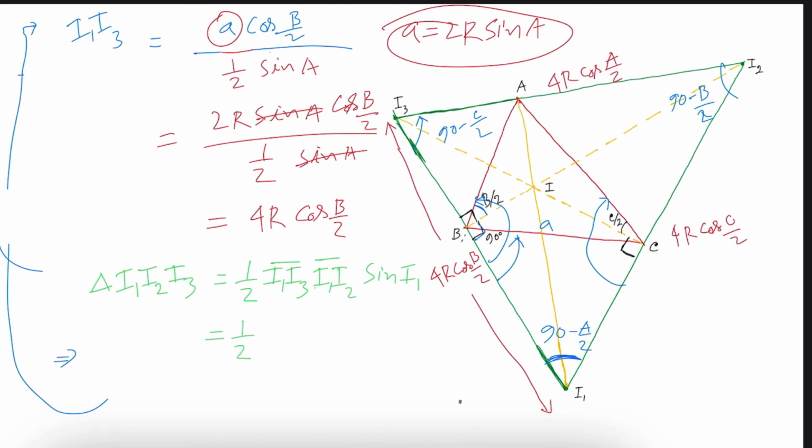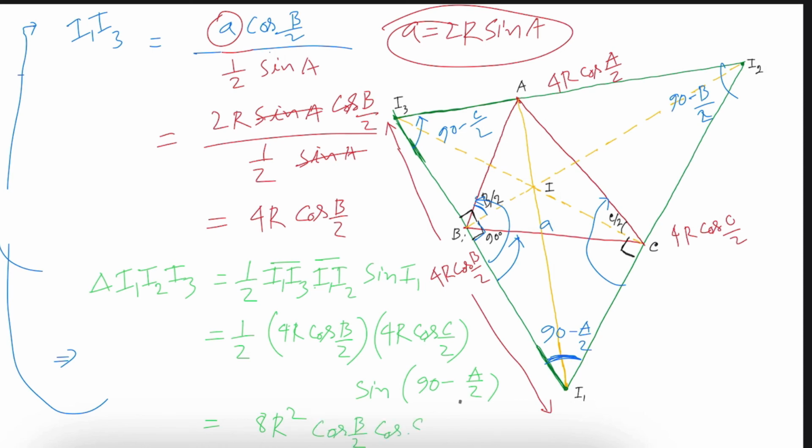So this is half of, if we replace I1I3 by 4R cos B by 2 and I1I2 by 4R cos C by 2, and sine I1 is nothing but cos A by 2, right? So this ultimately becomes 4 into 4, 16, so this is 8 R squared cos A by 2 cos B by 2 cos C by 2, right?